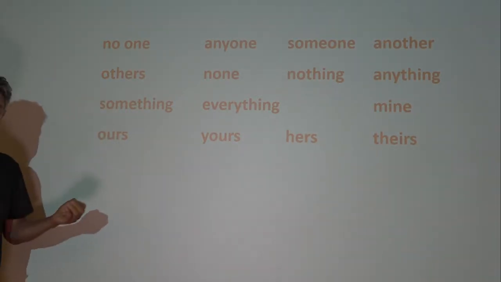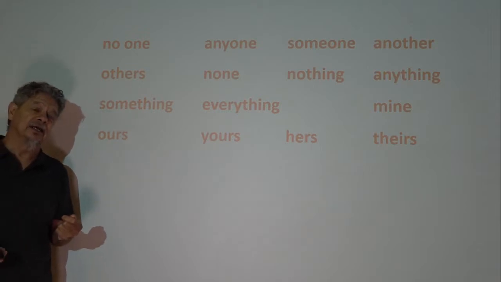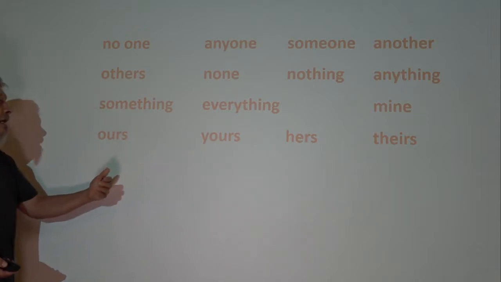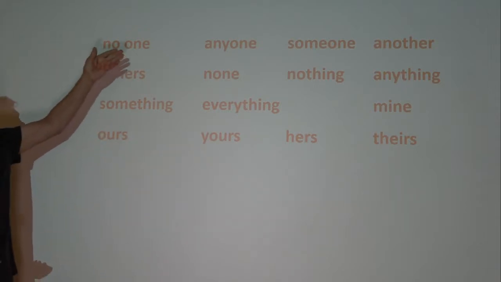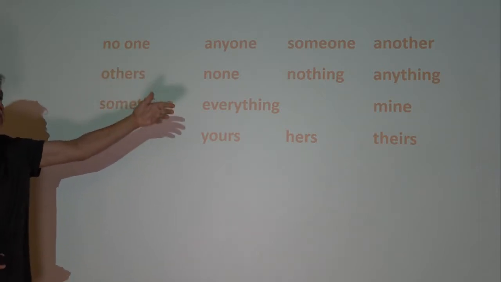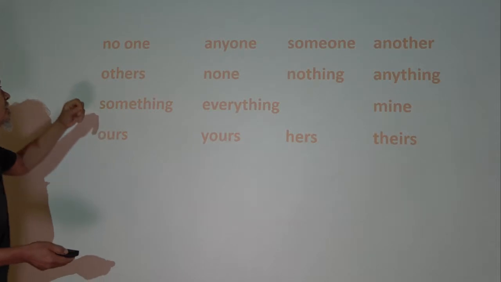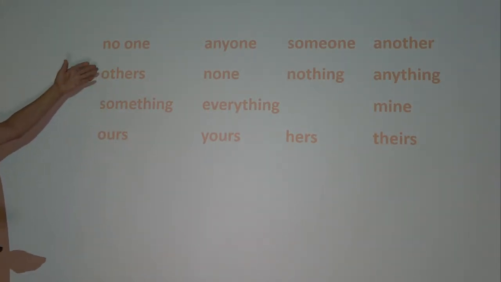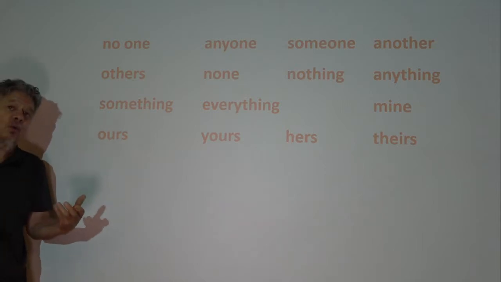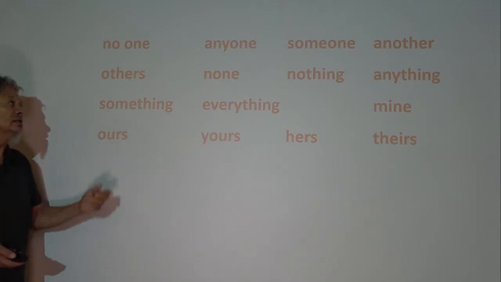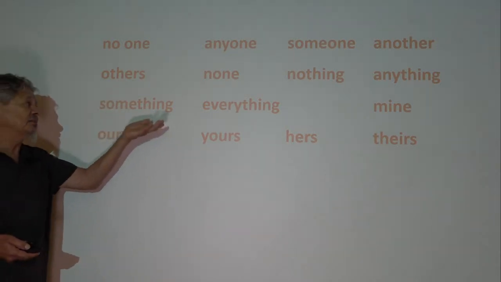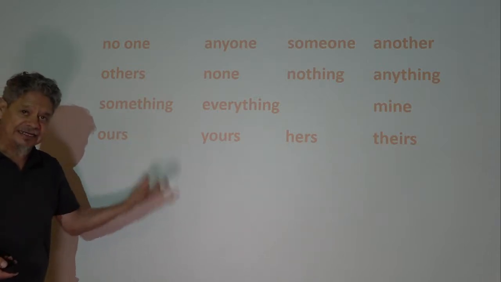These words can be subjects with verbs. No one can see because of the fog. That's as a subject. As an object, we saw no one in the room. And so these pronouns are flexible.